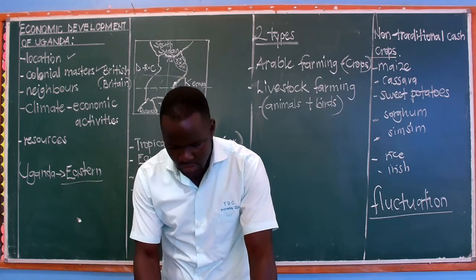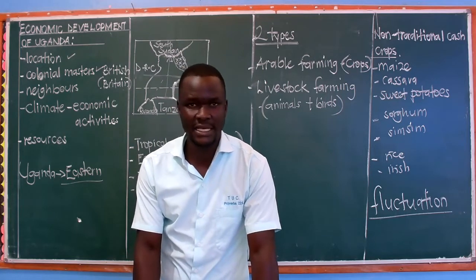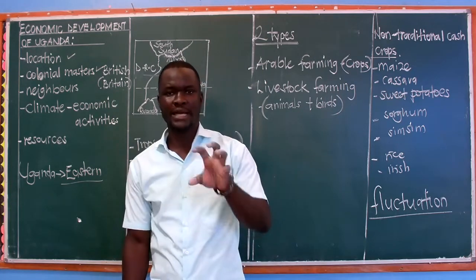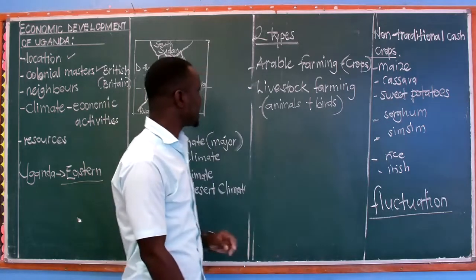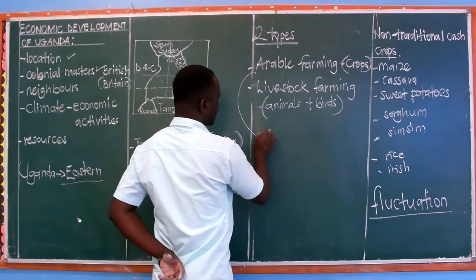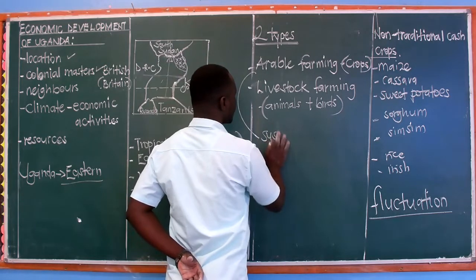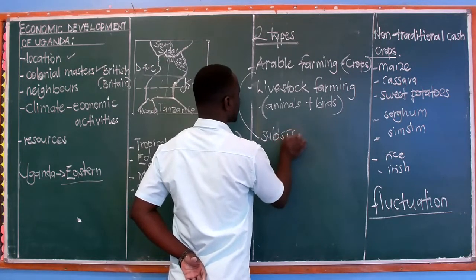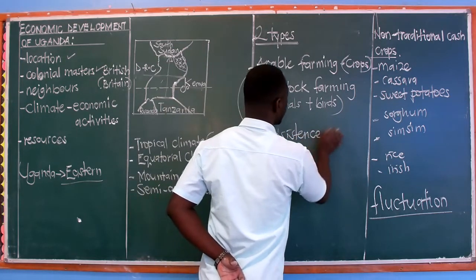We have also what we call plantation farming as the second one to subsistence.